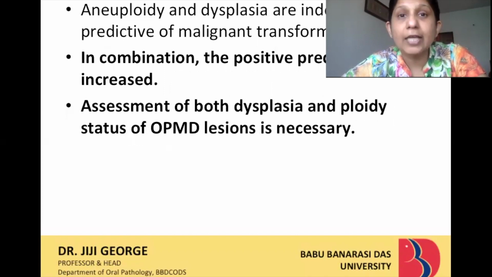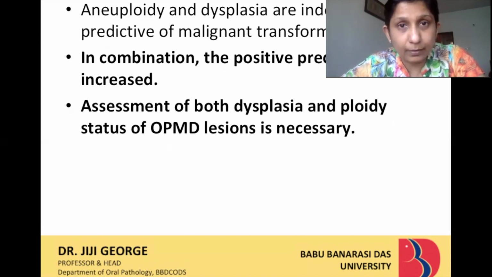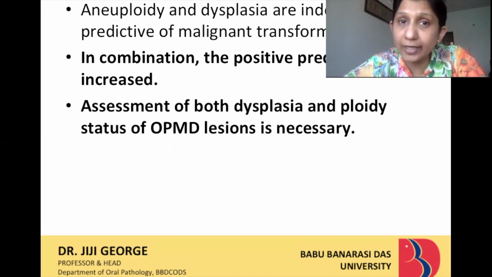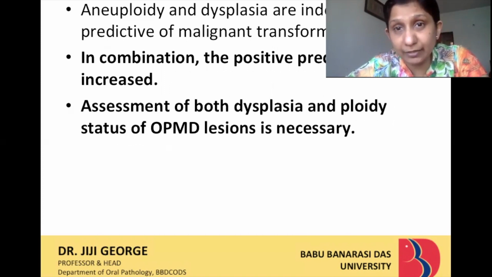I mean to say that if you see aneuploidy in a certain cell, you can thereby be sure that the cell is going to undergo some malignant change. Or if you see a high-grade dysplasia, then again, that's a cellular level change, so that again can predict a malignant transformation.